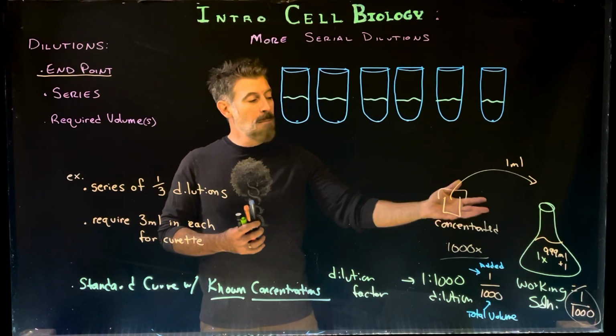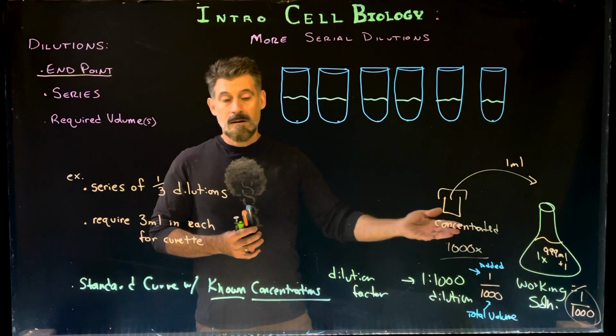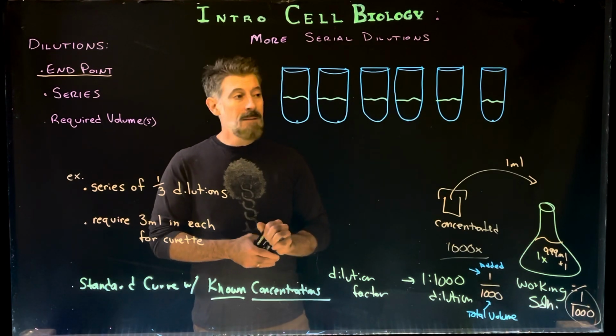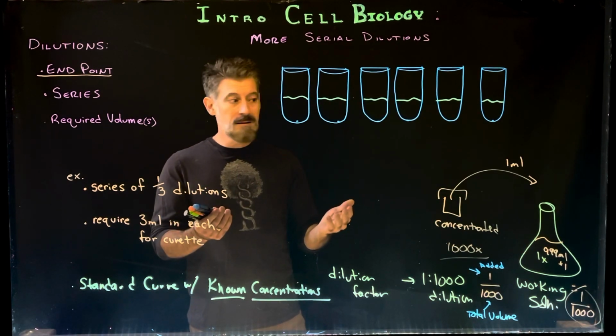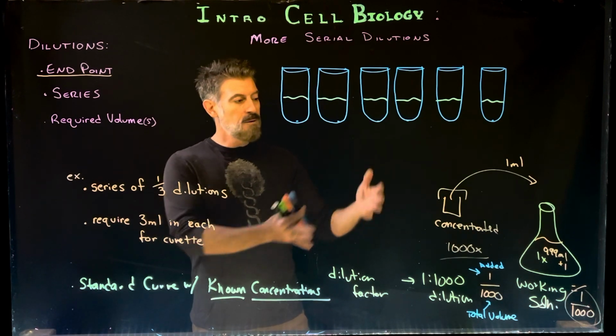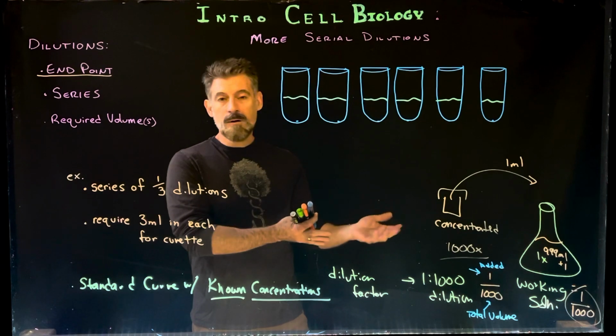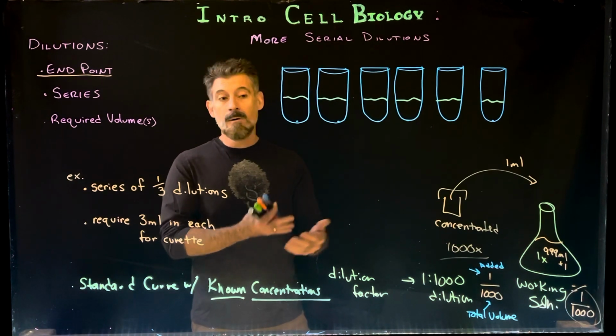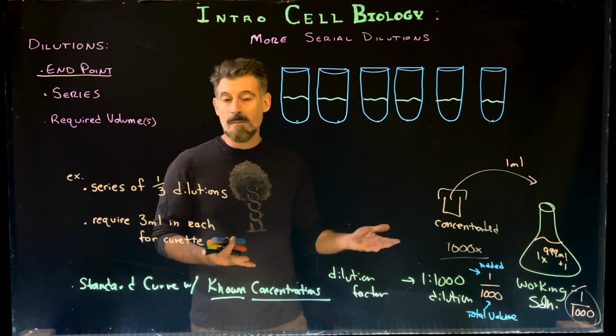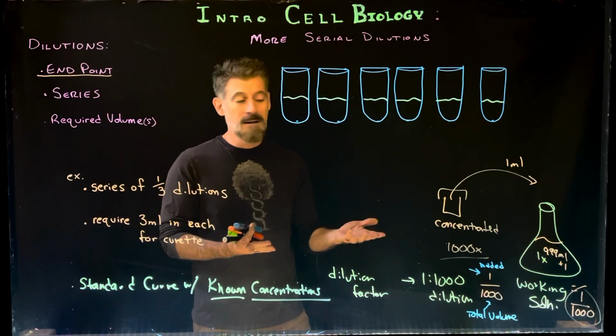Now the problem with this might be that you don't need a full liter or 1,000 milliliters. Maybe you only need 10 milliliters. That's it. So when you're done, you take 10 milliliters from this, and there's 990 left. And what do you do with it? Well, then you either have to store it, or you have to dump it out. And maybe it doesn't store. Maybe the solution is only good for a short amount of time.